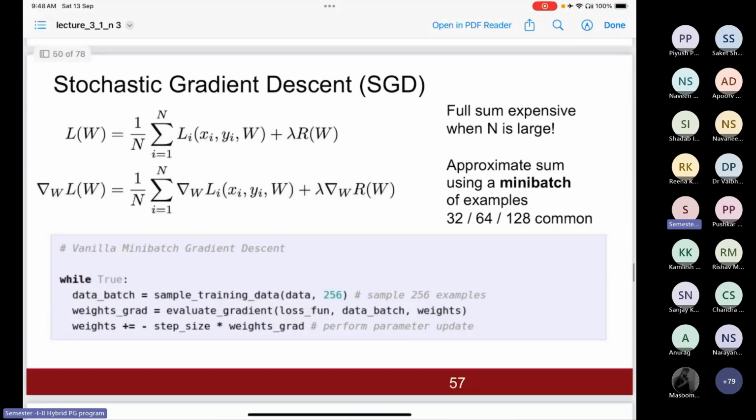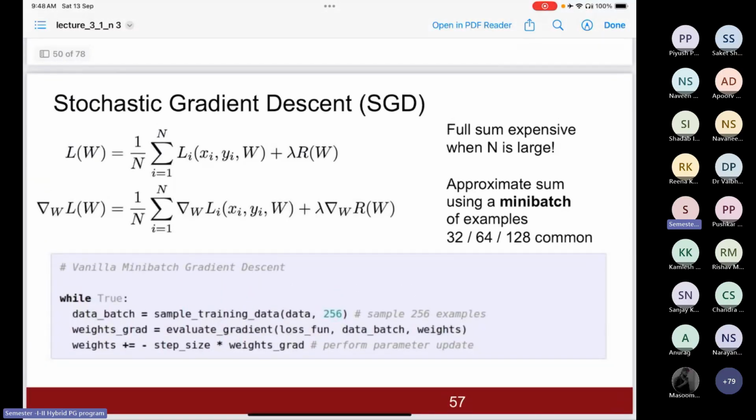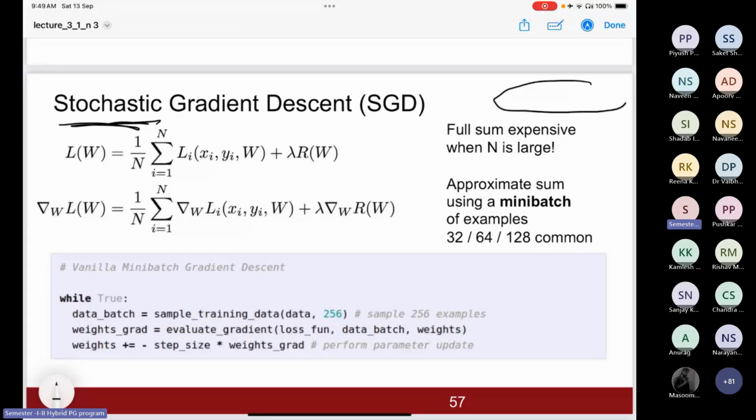So I said that we go with mini batch stochastic gradient descent. Stochastic is involved because probability is involved, as we are randomly selecting the samples from the training data set. We have all the samples here, and we randomly select some samples from here.